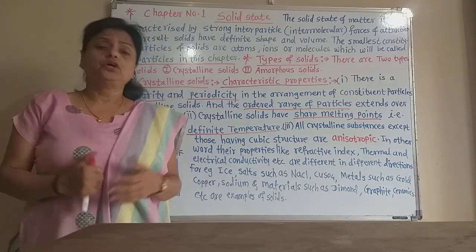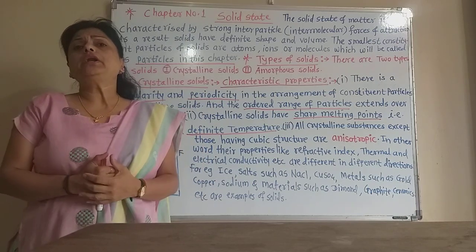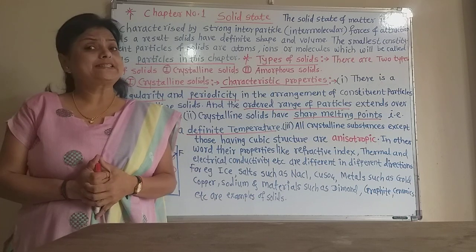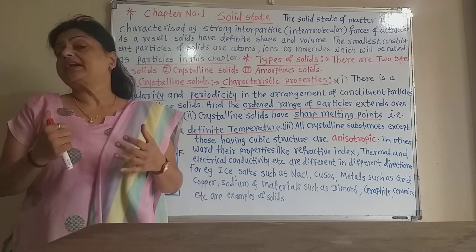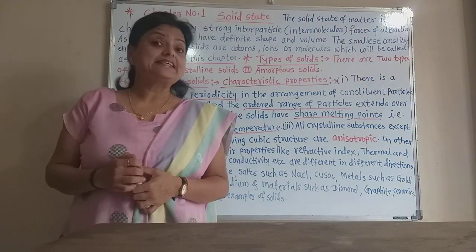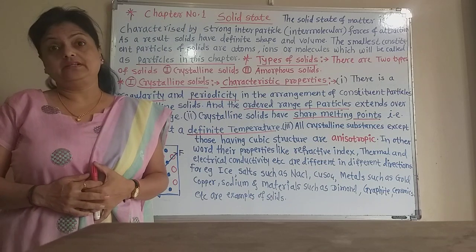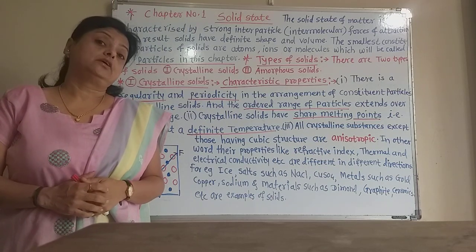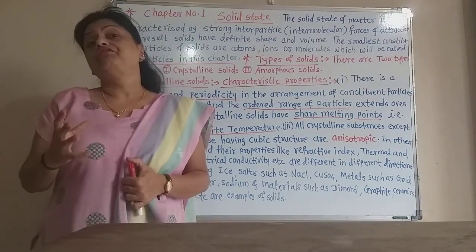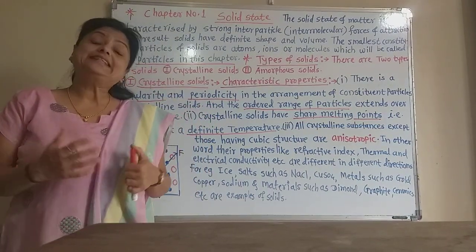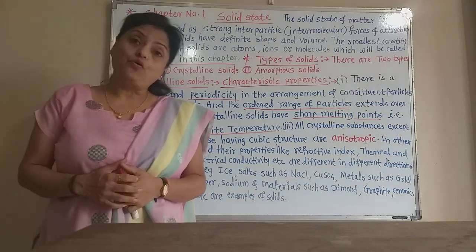We know that due to the intermolecular or interparticle forces of attraction between the particles of solids, liquids and gases, they can be distinguished from each other. We know that in the solid state the intermolecular or interparticle forces of attraction are very strong, and that's why solids have a definite shape and definite volume.